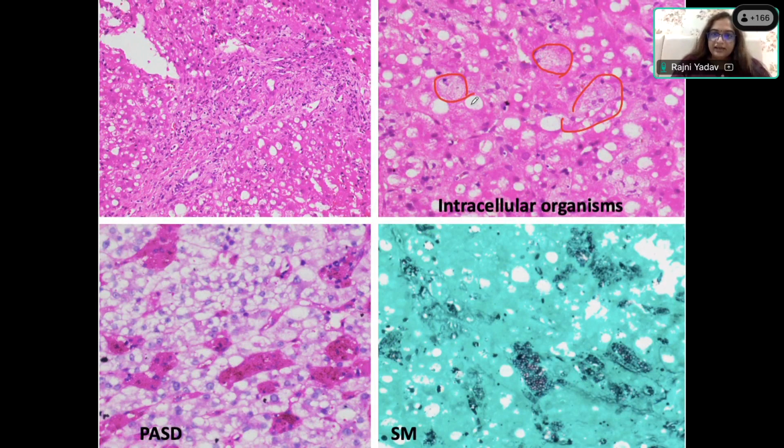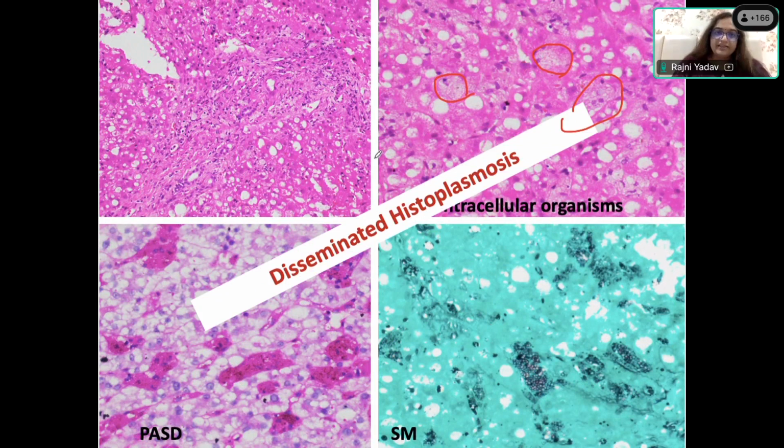These look like tiny organisms, and with the PAS and the GMS, these are staining as small dots surrounded by a vacuole. So that's histoplasmosis, which was disseminated, and see, it was producing a steatosis and ballooning kind of pattern on biopsy. So just seeing the vacuole you should not stop there. You have to look for each and every feature in the biopsy and make a diagnosis. Otherwise, you are going to miss the etiology.